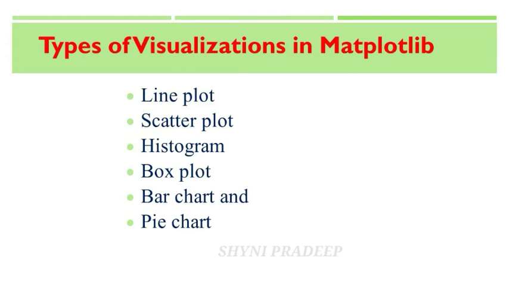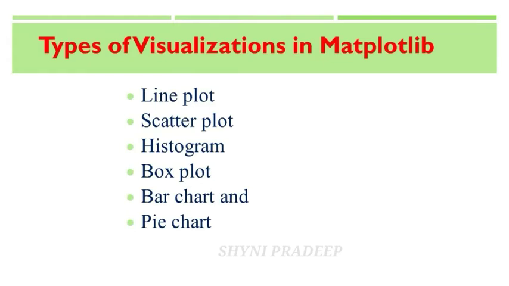Next, box plot means what? It is a standardized way of displaying the distribution of data based on the 5 number summary. What are they? Minimum, first quartile, median, third quartile and maximum.